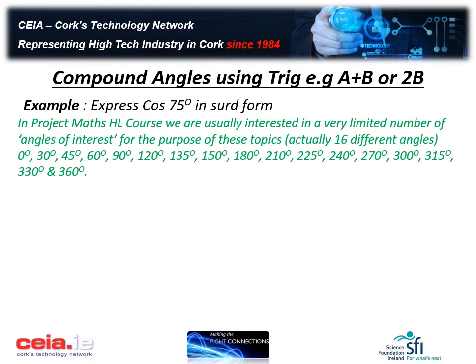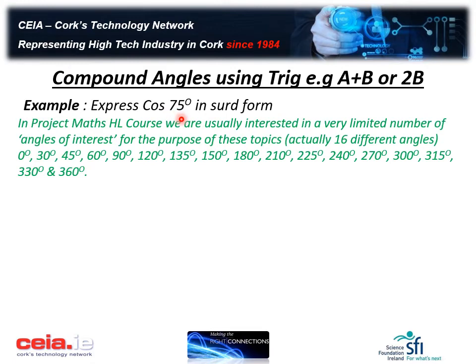We talked earlier about how, in these kinds of topics, we predominantly deal with 16 angles of interest, I think I called them. And they are 0, 30, 45, 60, 90, 120, 135, 150, and so on. Actually, there's 17 angles here, but 0 and 360 are essentially the same angle. Okay? And so it would be strange for us to be asked to do something with 75 degrees.